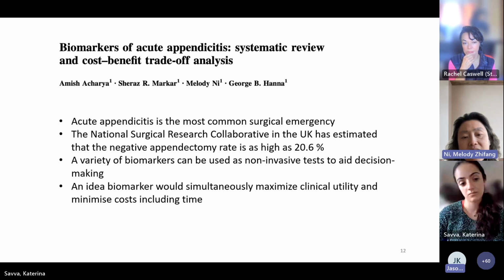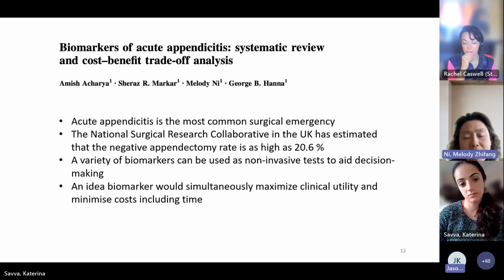The challenge is that acute appendicitis is the most common surgical emergency procedure. However, the negative appendicectomy rate is as high as 20%, which means that in 1 in 5 people, we believe they have acute appendicitis, but in reality they don't.